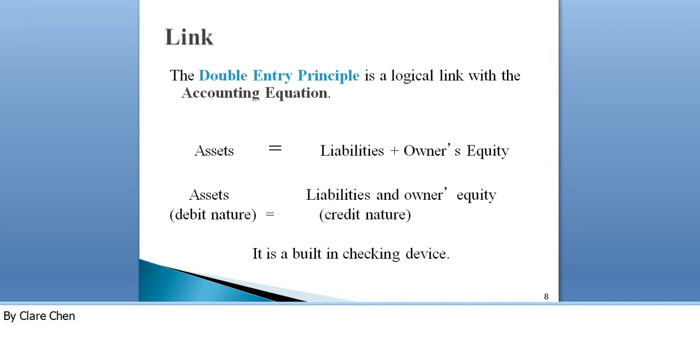Assets equals liabilities plus owner's equity. If assets have a debit nature, and liabilities and owner's equity have a credit nature, then if we put this together, debits equals credits. This is a checking device. So if your transaction is recorded correctly, the debit must equal the credit.